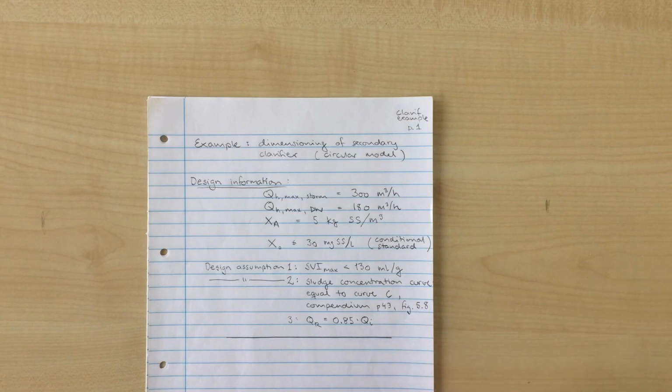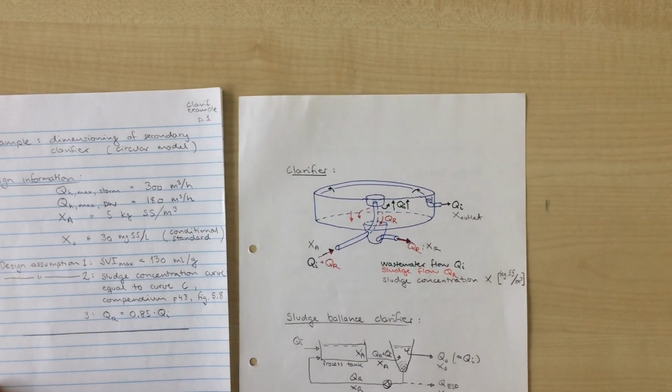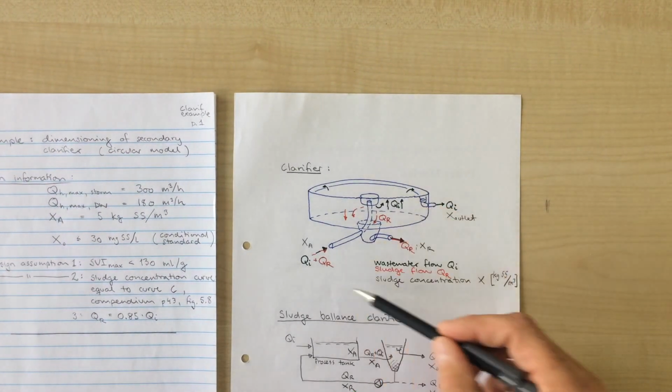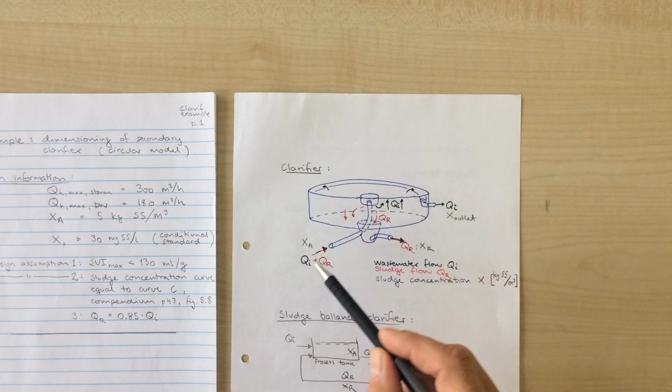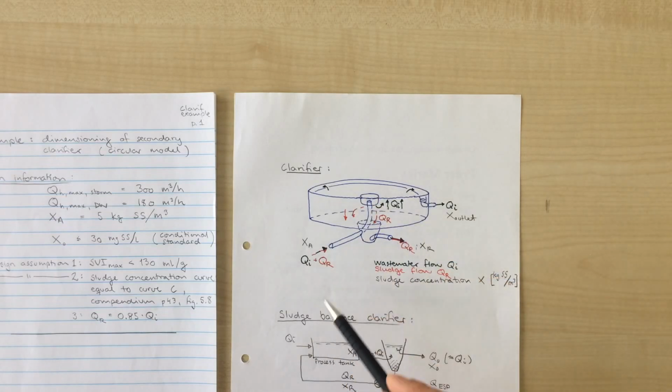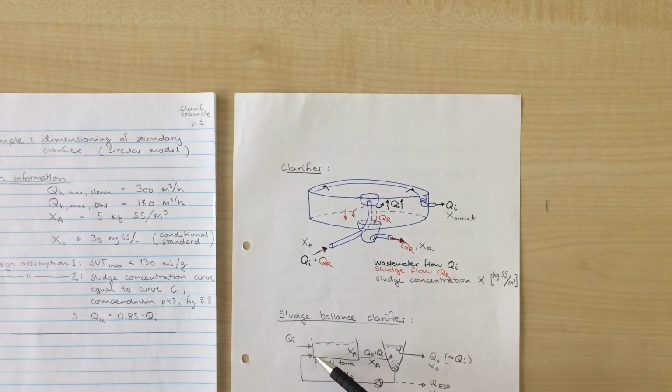And finally, I will design my system so that I will have a return sludge flow equal to 85% of the inlet flow, or at least it must be possible to achieve as much flow for the return sludge as 85% of the inlet flow. So if we take a look at the clarifier, we have a circular clarifier, and an inlet flow to the clarifier, which is equal to the inlet flow to the plant plus the return sludge flow that goes back from the clarifier to the inlet of the process tank.